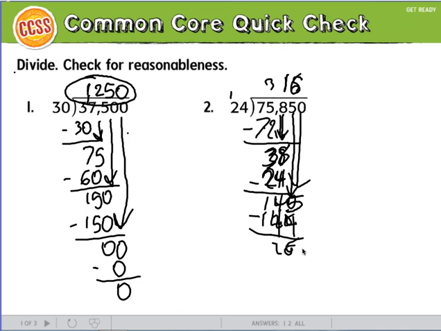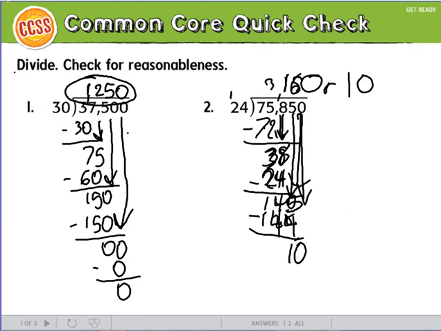Okay? So when I subtract 145 from 144, I get 1, correct? Now I bring down the 0. 24 cannot go into 10, so I need a 0. So it's 3,160, remainder 10. Not 316 remainder. Okay?